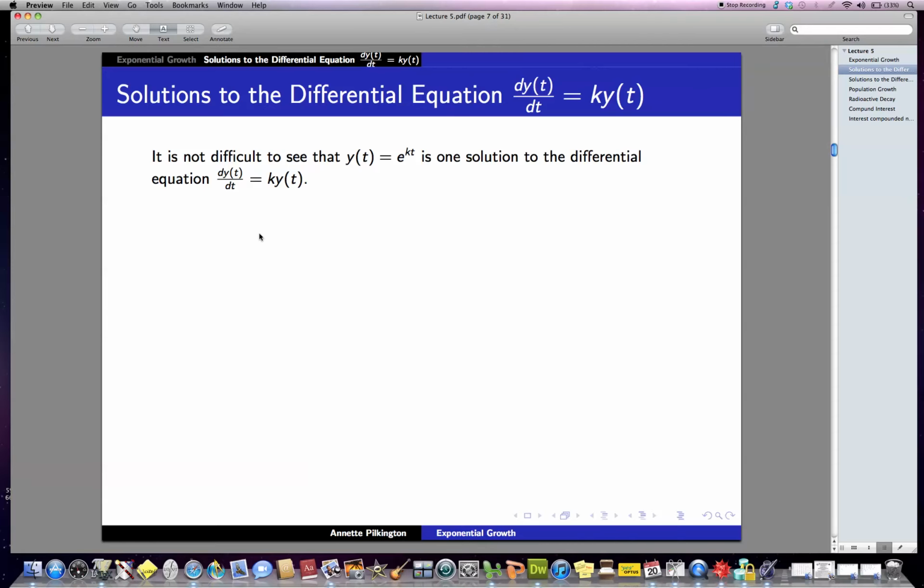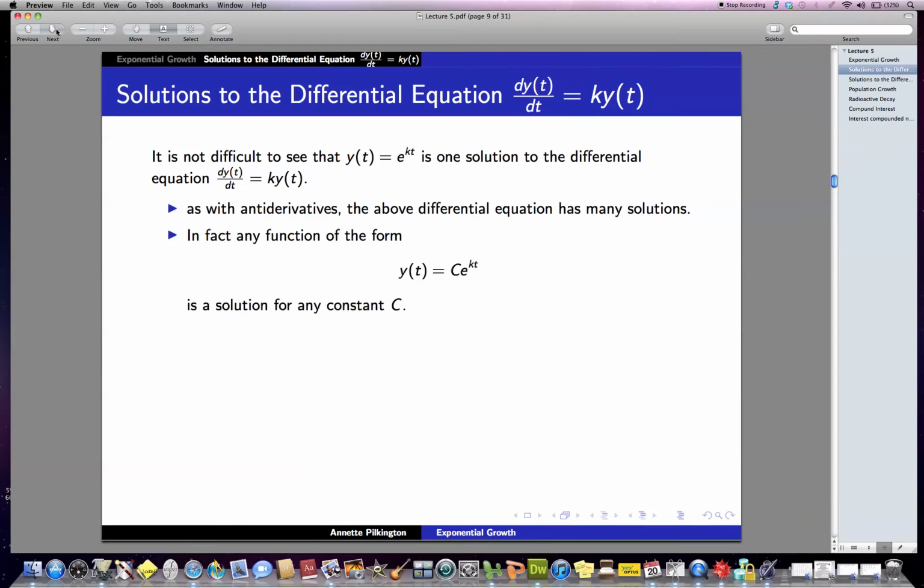If I differentiate e to the kt, I get k times e to the kt, which is k times the function itself. So this function is a particular solution to this differential equation.